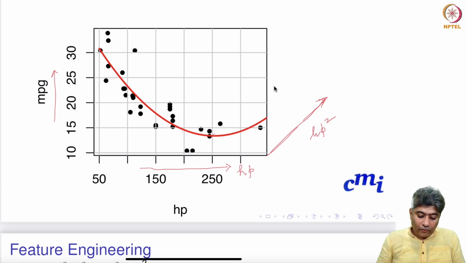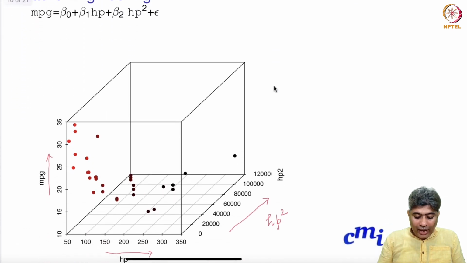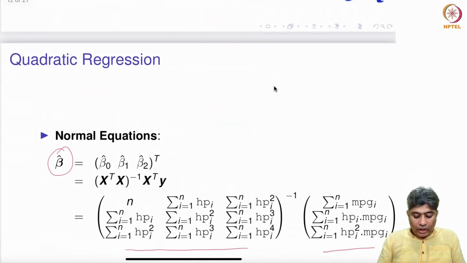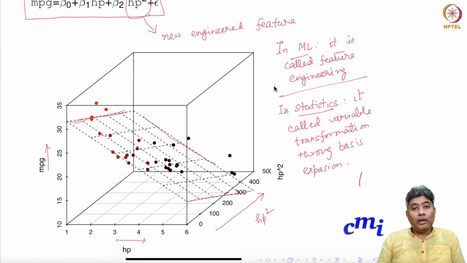And what we are doing, we are creating a new dimension. By featuring with feature engineering, we are putting the two-dimensional data into higher dimension, into 3-dimension, and in that 3-dimension we are trying to fit a hyperplane, in this case a 2D plane.